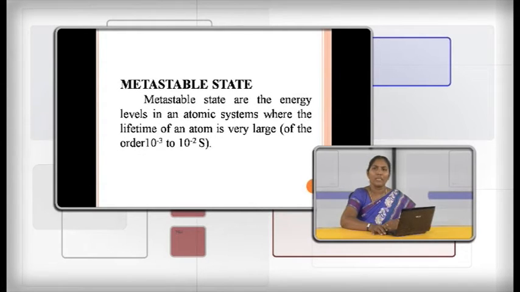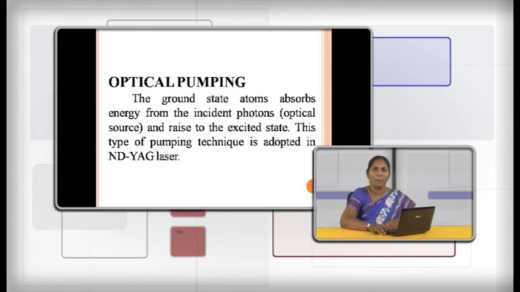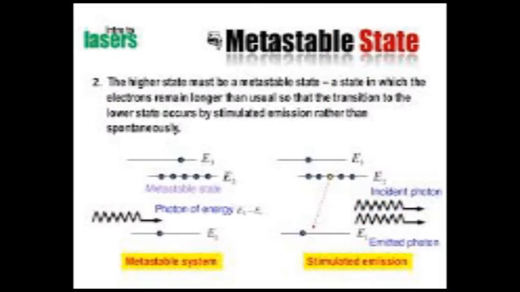This type of pumping technique is known as optical pumping, and this method is adopted in the Nd:YAG laser. And a metastable state is an energy level in atomic systems where the lifetime of the atom is very large, of the order of 10 power minus 3 to 10 power minus 2 seconds.